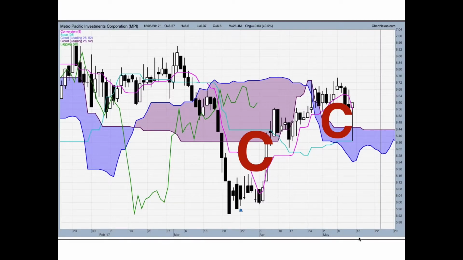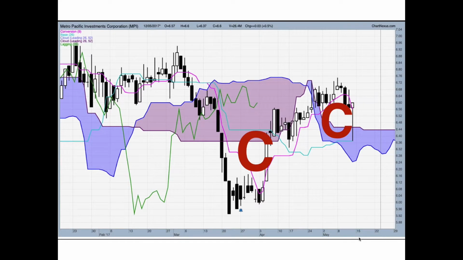Now here are also C patterns or C-clamp patterns on the Metro Pacific chart. Notice that C patterns do not only happen in tops, they also happen in bottoms. For example, in extreme sell-downs like MPI, the Tenkan-sen dropped significantly below the Kijun-sen. Therefore, there's disequilibrium between the two.